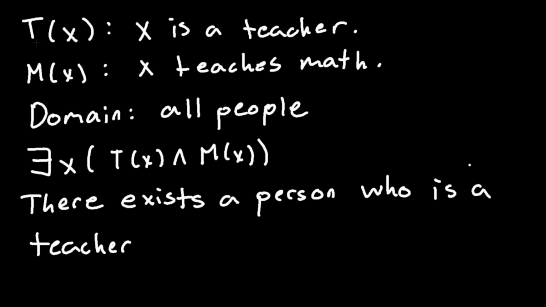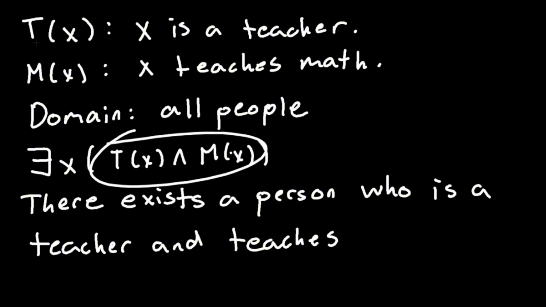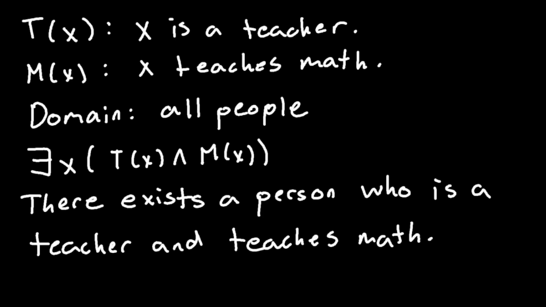There exists a person who is a teacher and teaches math. So these statements are pretty simple to interpret, going from the quantified statement, this entire thing, into a sentence. It's not that bad, right? There exists a person who is a teacher and teaches math. Now again, you have to watch out for your wording.